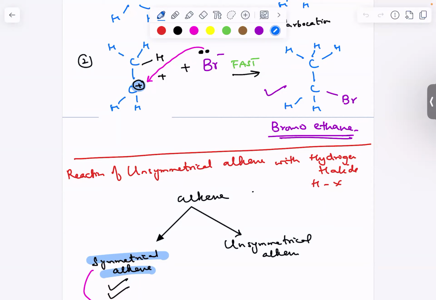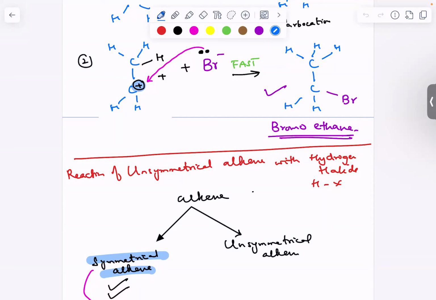All right. Alkene is on page number 216. Alhamdulillah. All right.